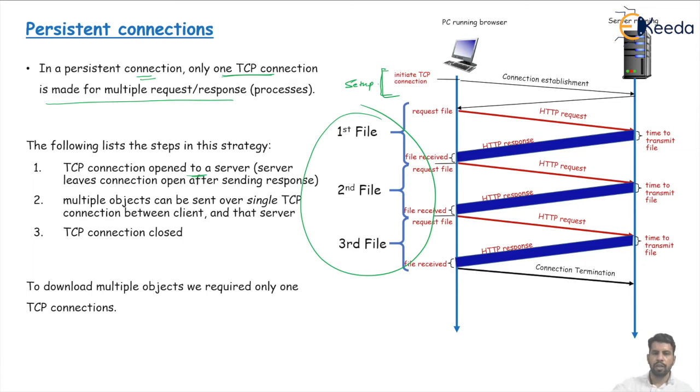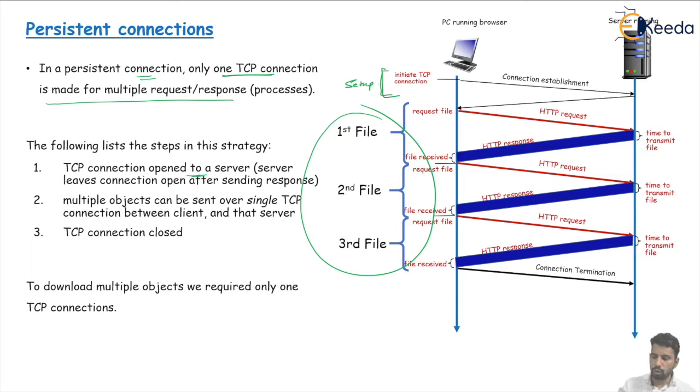If the client is not sending requests to the server and the connection is not terminated, that connection is also open. The server leaves the connection open after sending the response. From both sides, if no communication is happening and the connection is also not terminated, then the connection is open from both sides, from the client side as well as from the server side.